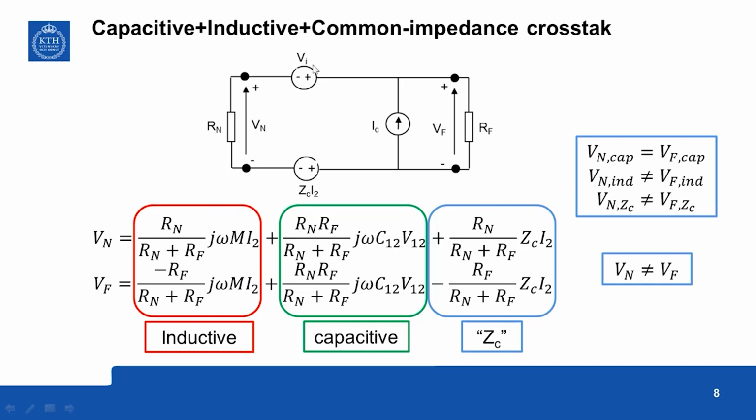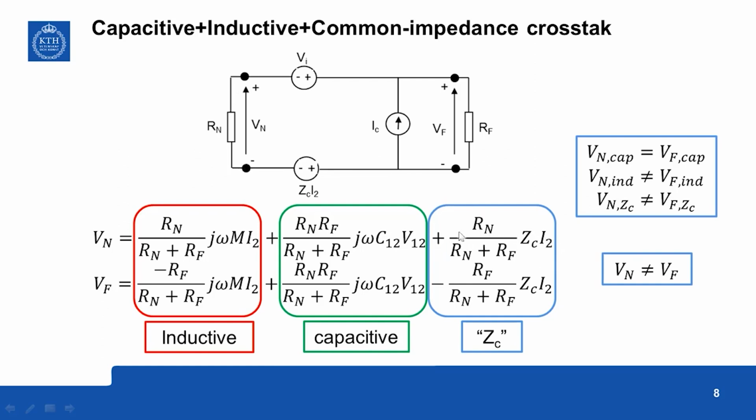And this is this minus and minus j omega I2. So they cancel, so it becomes plus. This is the inductive part, and the capacitive part, they are the same. And for the common impedance part, here it is minus, because the current is driven like that. So in the far end part, minus Rf by Rn plus Rf times ZC I2, and here it is positive.